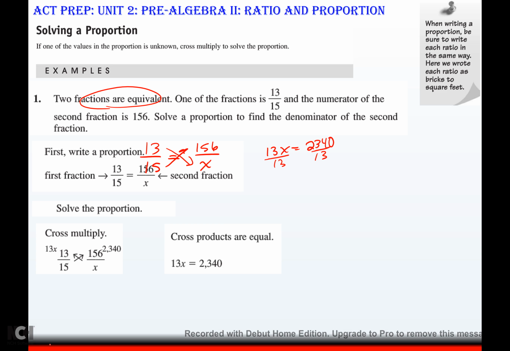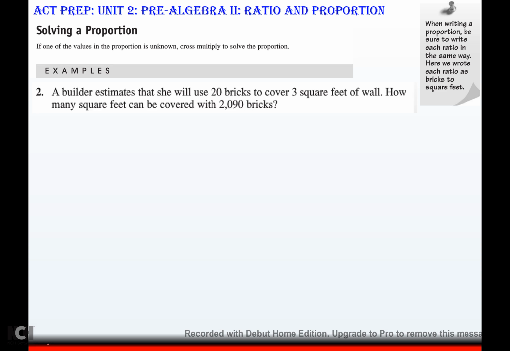The cross products are equal, so divide by 13, and you get x equals 180. Okay? All right.